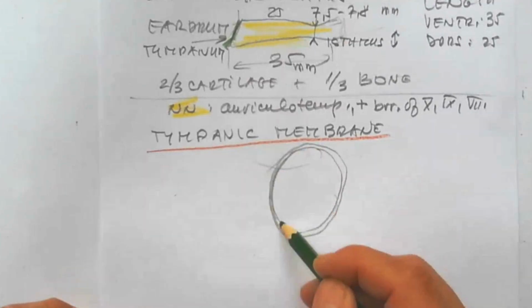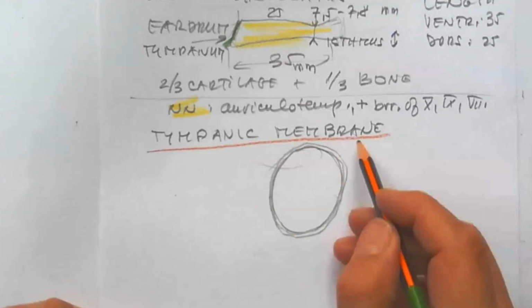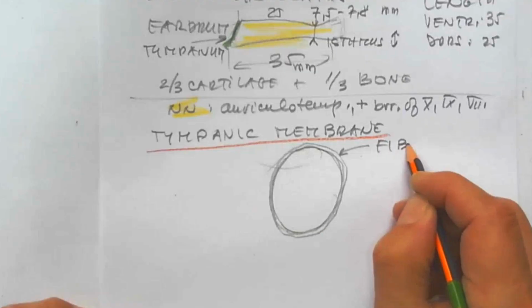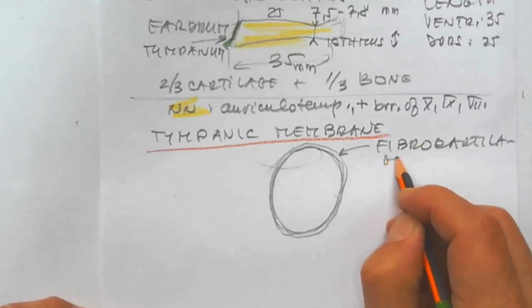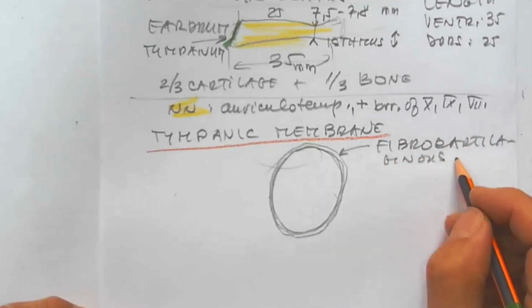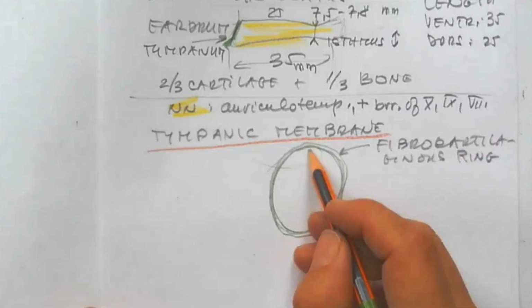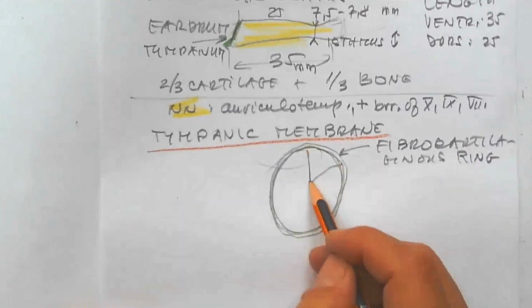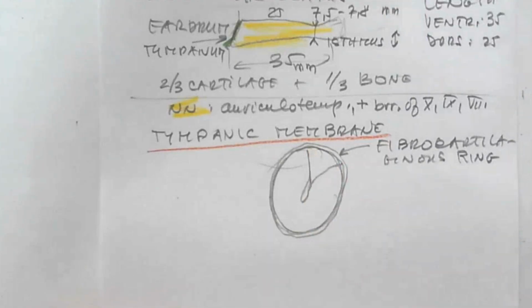In the depression lies the circle, like an annulus, we call it the fibrocartilaginous ring. Two folds indicate the area.